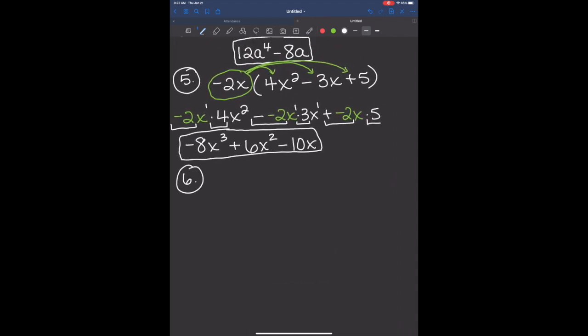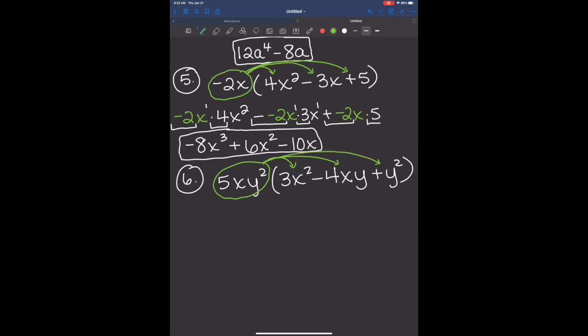For number 6, we're distributing 5xy squared to 3x squared minus 4xy plus y squared. So the 5xy squared is going to be multiplied to each thing inside of the parentheses. So times the 3x squared, times the negative 4xy, and times the y squared.